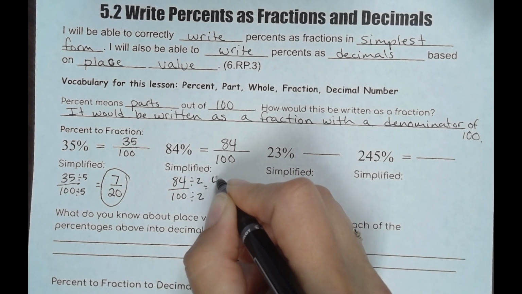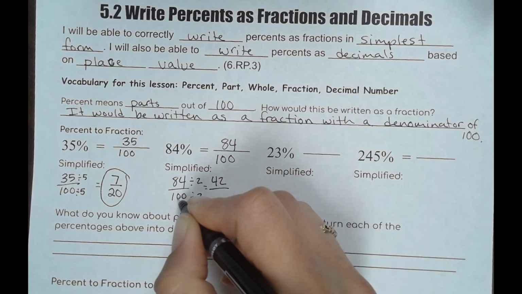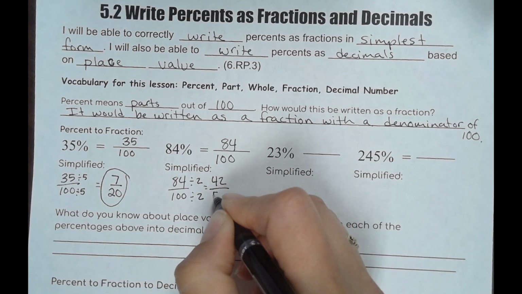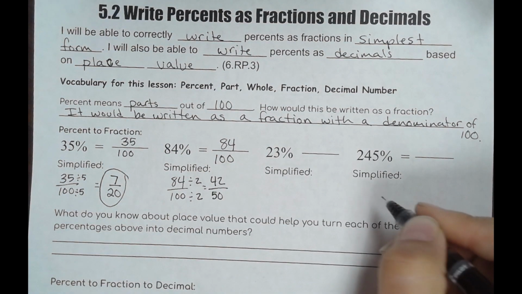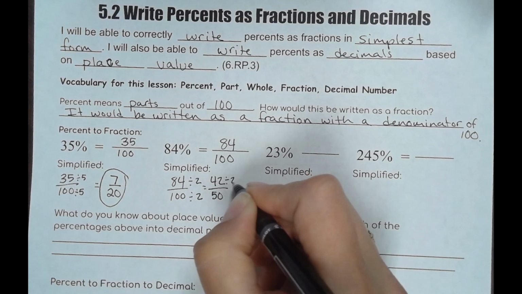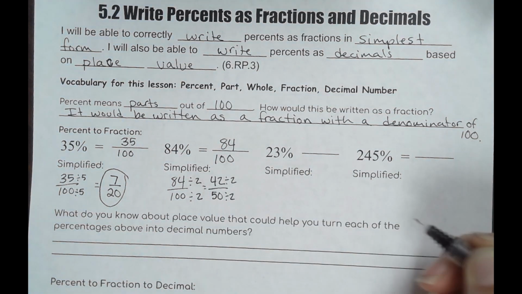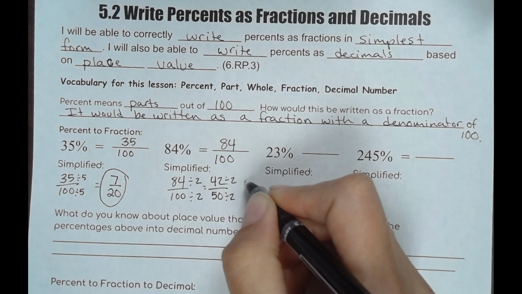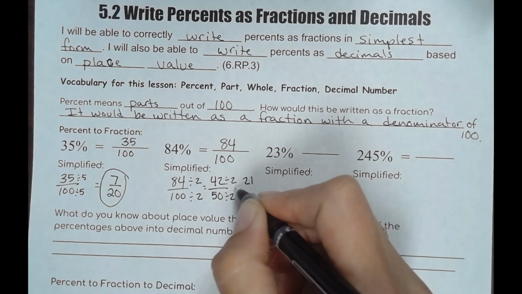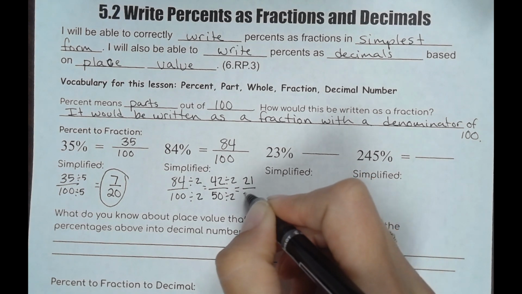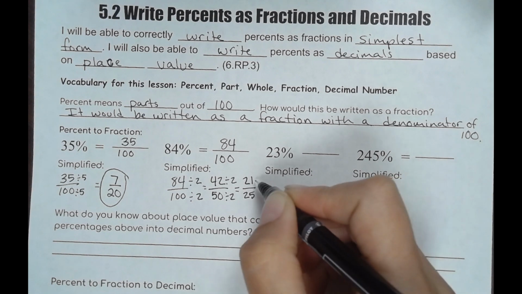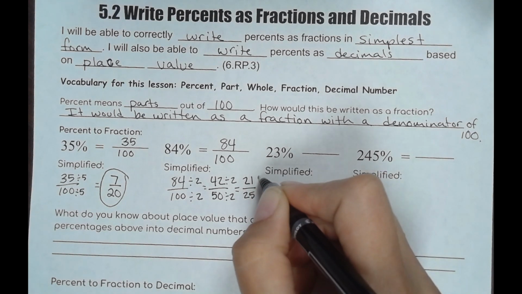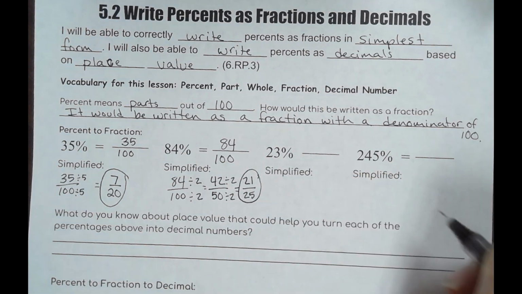So I've got 42 over 100 divided by 2 is 50. Divide 42 by 2 and 50 by 2 again. And that can simplify to 21 over 25. 21 and 25 share nothing else in common, so that is my simplified fraction.